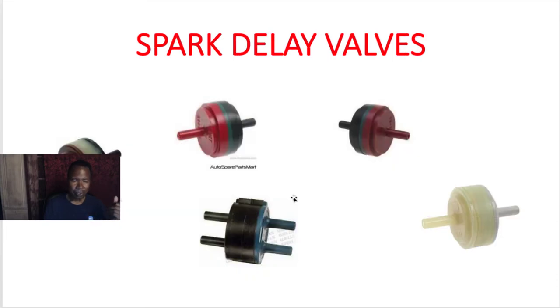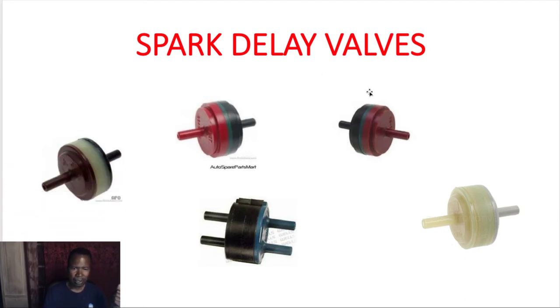Here are some other spark control systems. This is a spark delay valve. You get vacuum on one side, let's say from the carburetor or throttle body. The delay diaphragm in here prevents it from coming out the other end for maybe half a second, or 2 or 3 seconds, depending on the manufacturer.